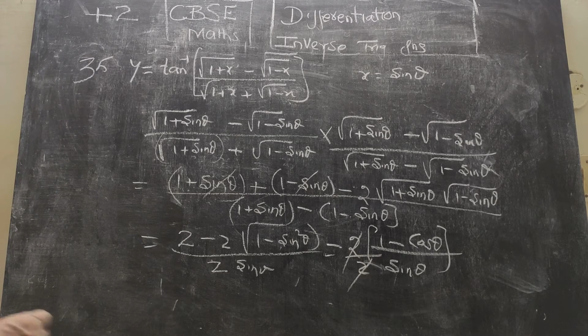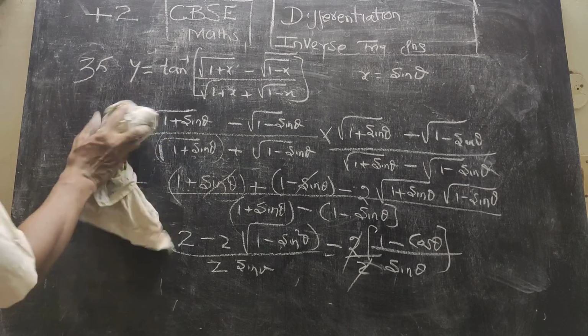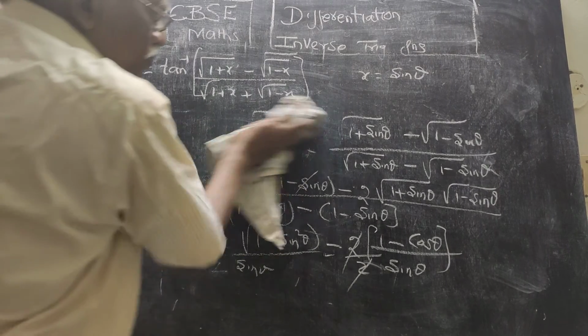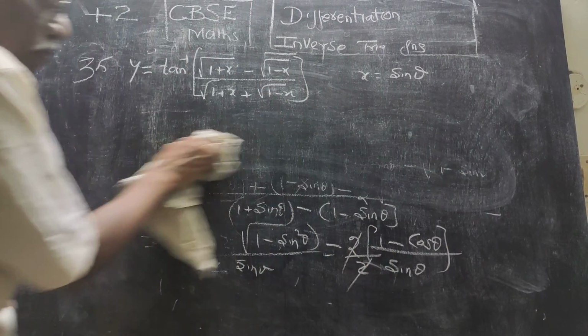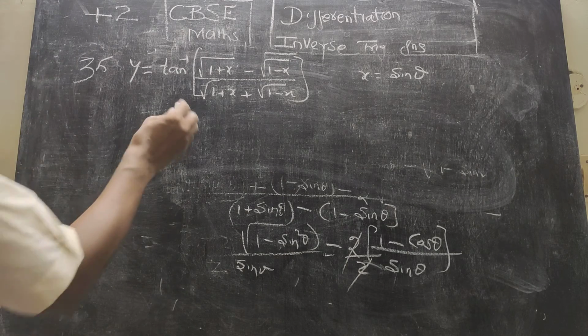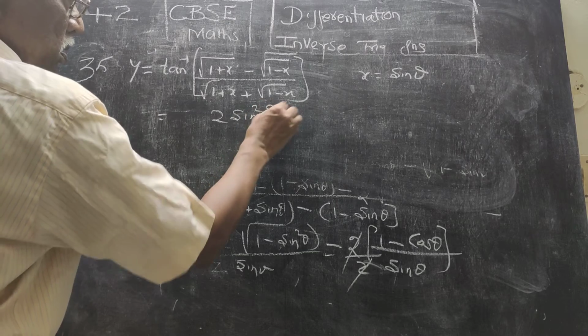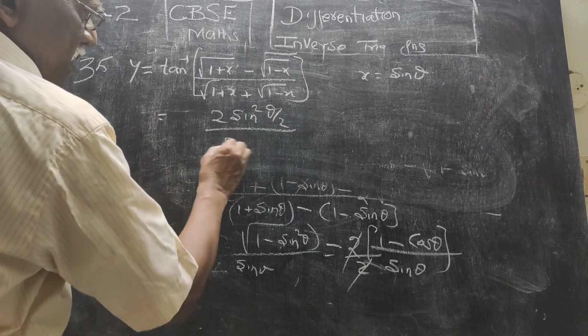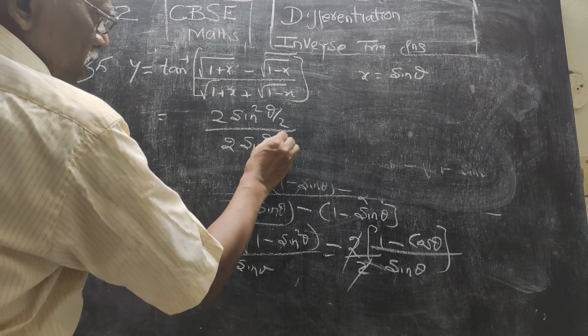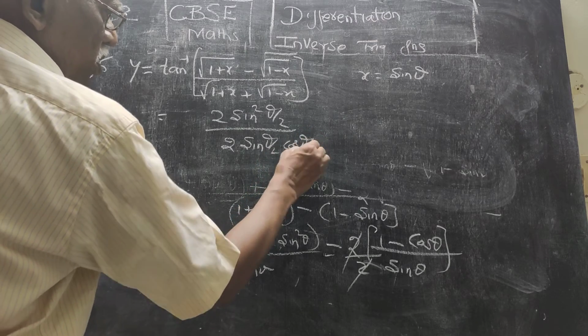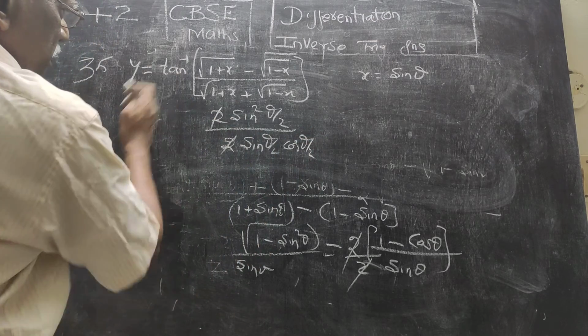Now after that I am rubbing it off and doing it in here. 1 minus cos theta is 2 sine square theta by 2. Sine theta half angle formula, that is 2 sine theta by 2 and cos theta by 2. These two get cancelled.